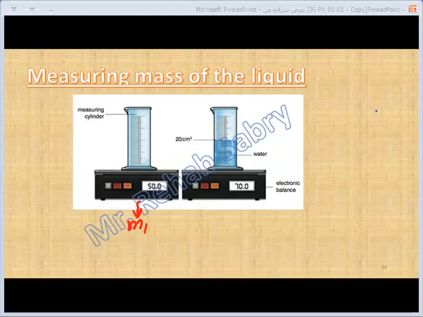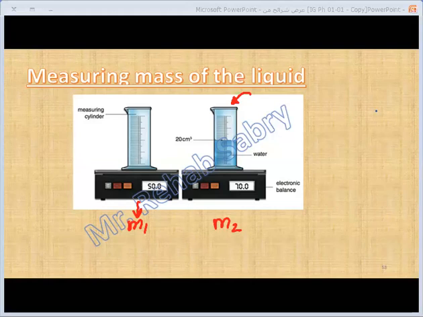Then I'll pour water in the measuring cylinder. Then I'll take reading 2, which is the liquid and the cylinder together.